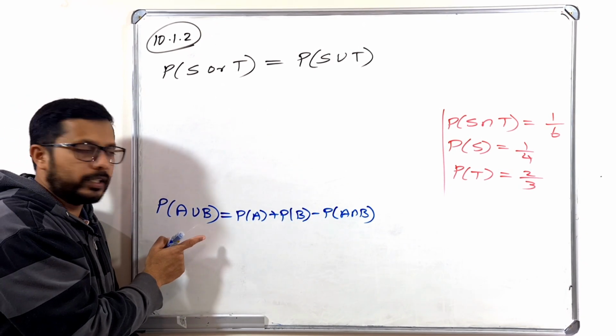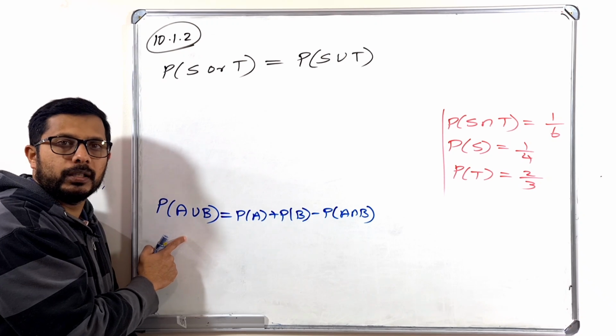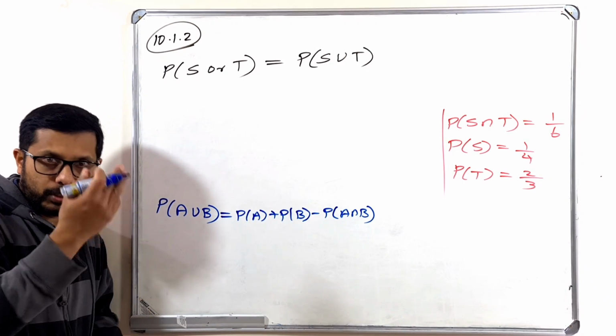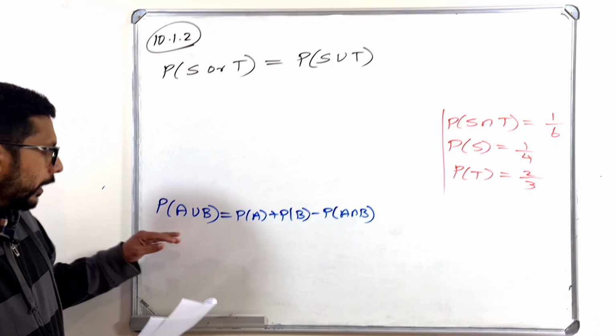You have to learn it by heart. Even though the formula is at the back of the question paper, on the formula sheet, it is better to learn this formula by heart.